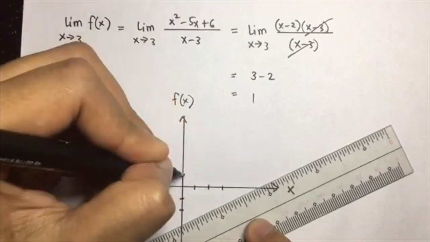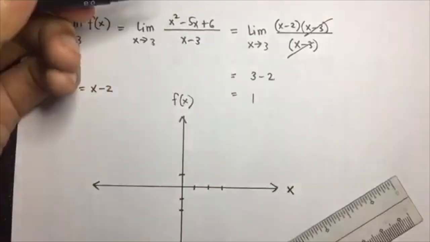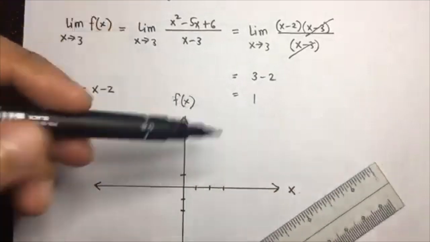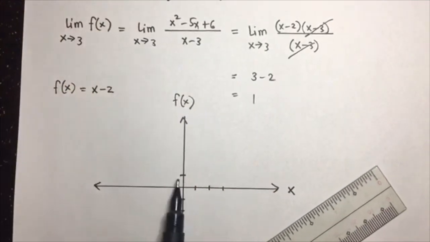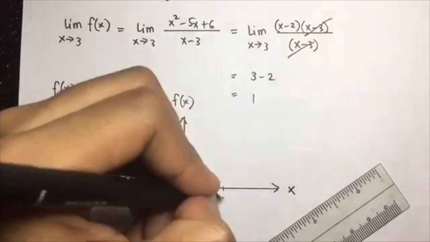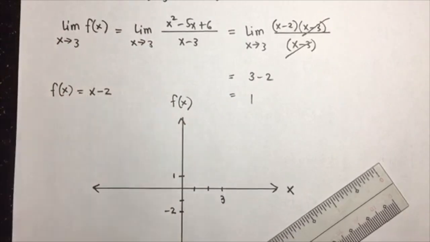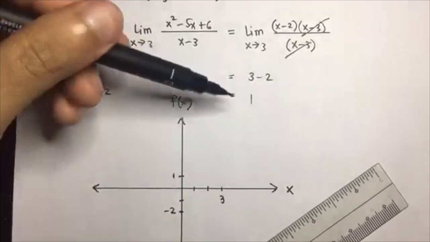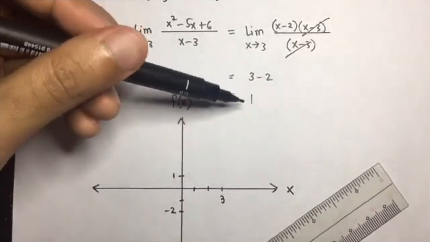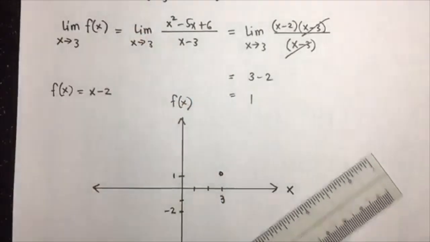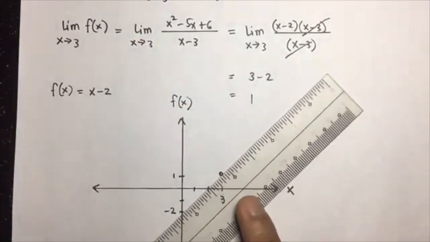It says that it approaches 3. However, when drawing the line, we know that the value of the function is undefined at x is equal to 3, right? So it's undefined at x is equal to 3, but its limit approaches 1. Therefore, we have here a removable discontinuity.